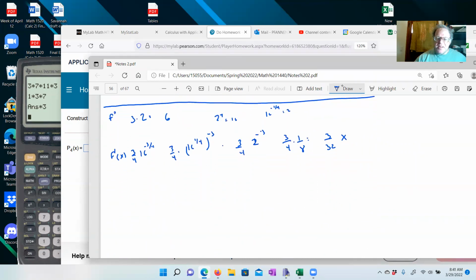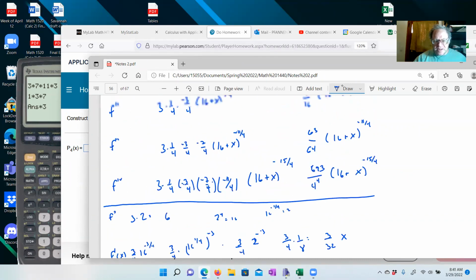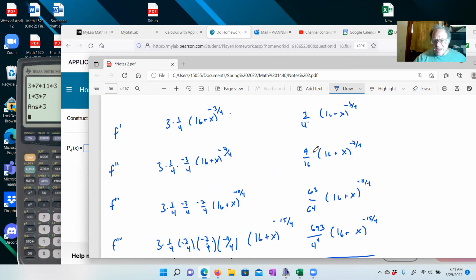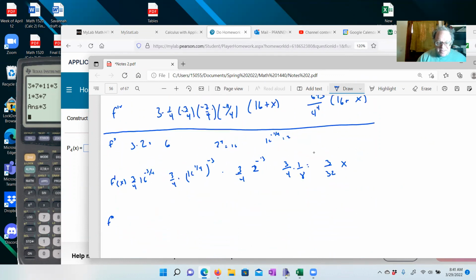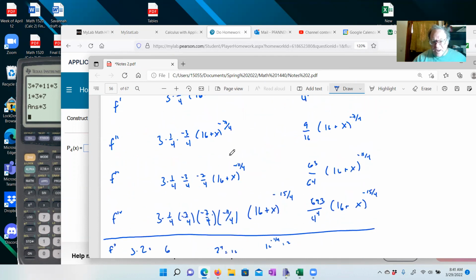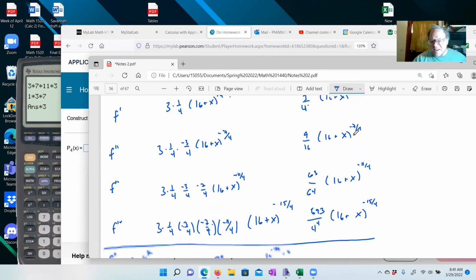And then f double prime. What was that going to be? That was going to be 9/16. Then we have 16 to the 1/4, which is 2, raised to the -7.